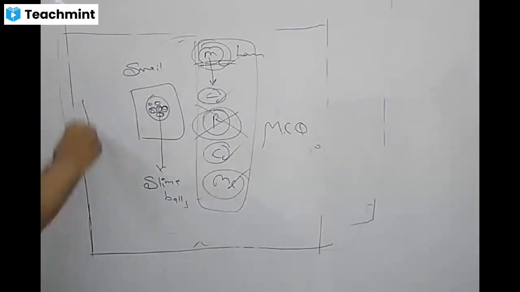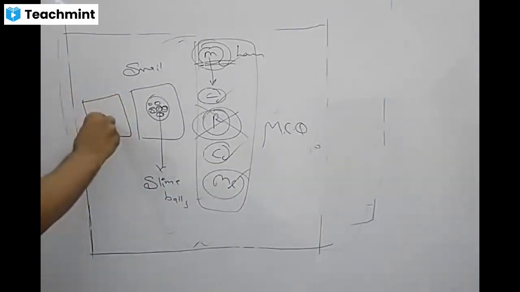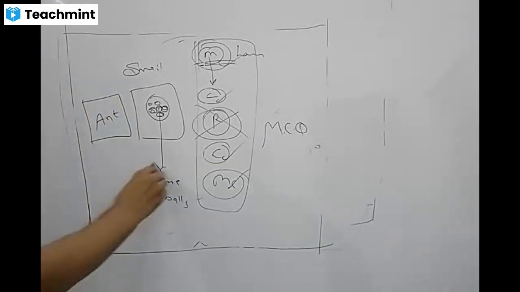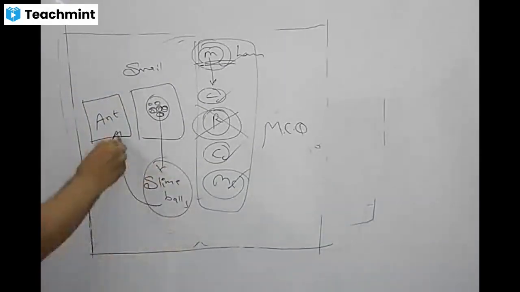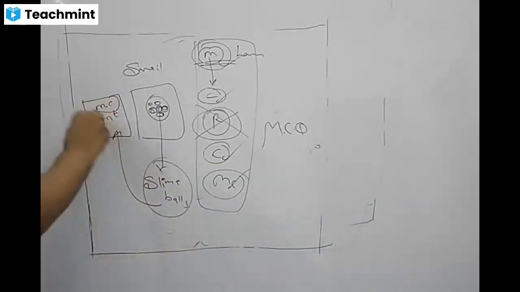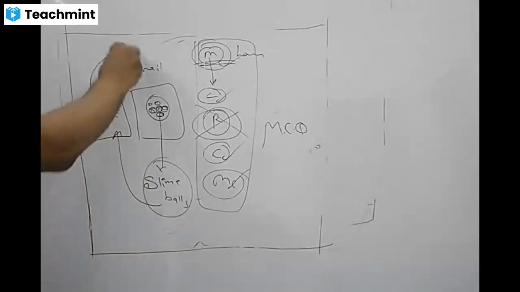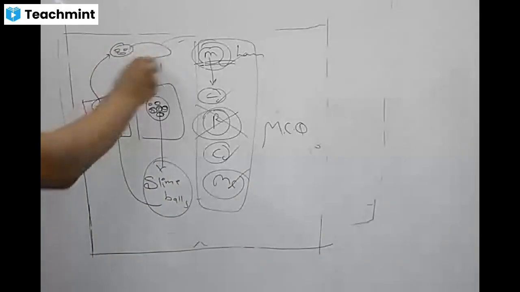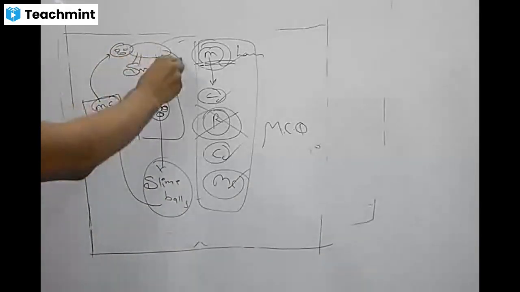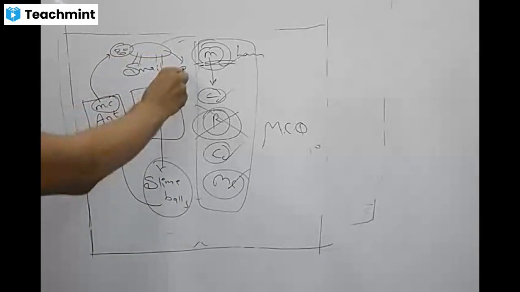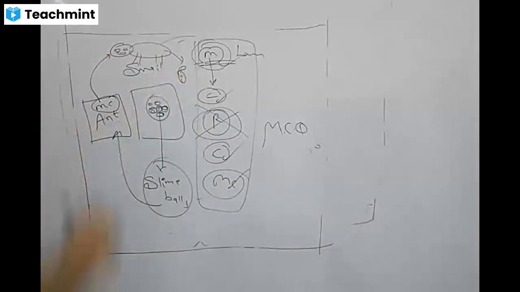Then, if you look at the second intermediate host, that is ants. They eat these and convert them into metacercaria. That is always the infective form, and this is eaten by the animal. Then again what comes out? Egg. And these eggs are embryonated, and the cycle goes on.